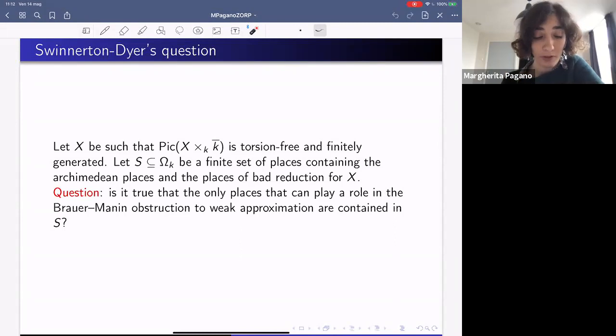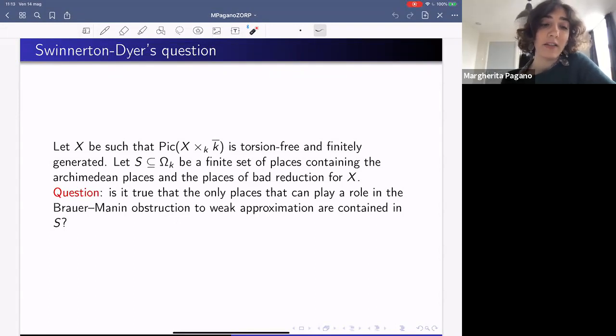Swinnerton-Dyer asked the following question. So if we start with a variety such that the Picard group of the base change of the variety to the algebraic closure of K is torsion-free and finitely generated, and we denote by S the finite set of places containing the Archimedean places and the places of bad reduction for X. I will come back to this in a moment.